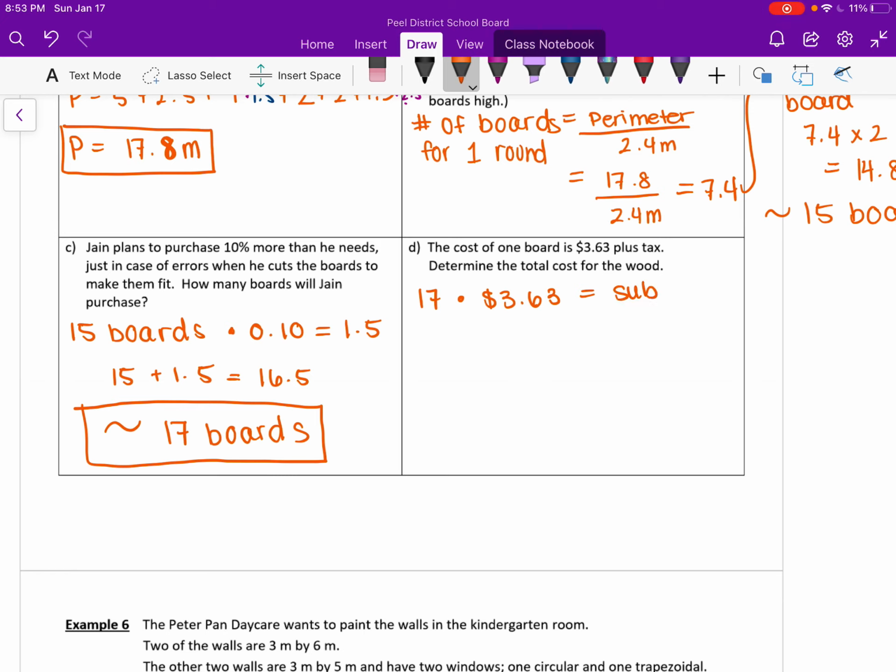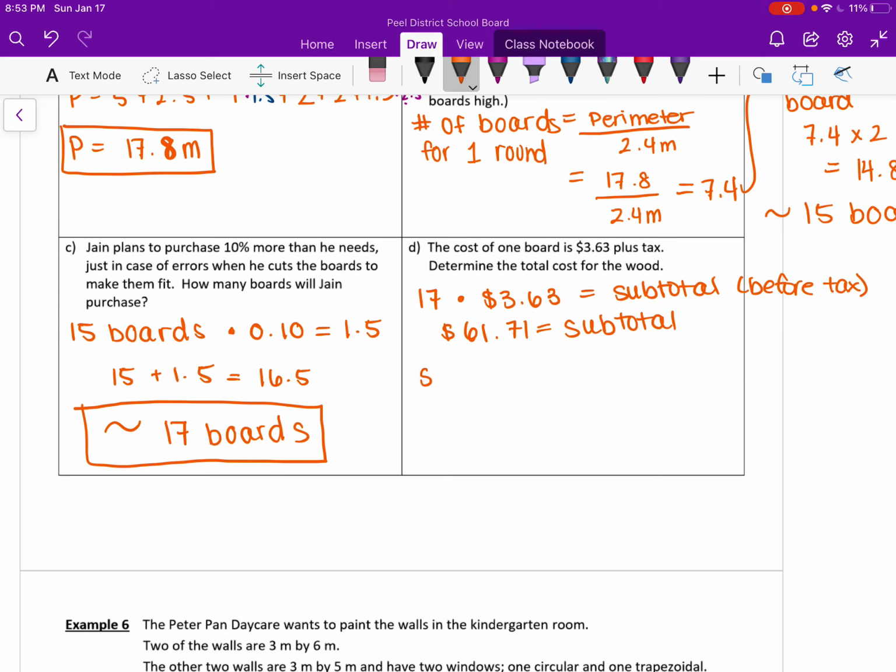That's going to be our subtotal, which is before tax. Right, so let's find that. 17 times 3.63 is going to be $61.71 equals our subtotal. If you ever look at your receipt, it's going to say subtotal.